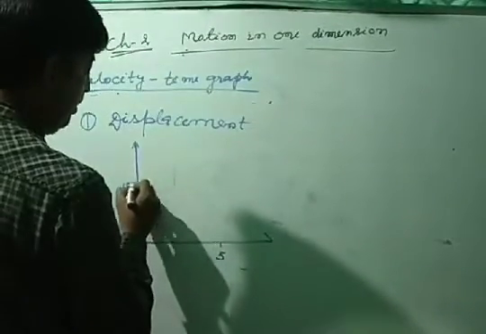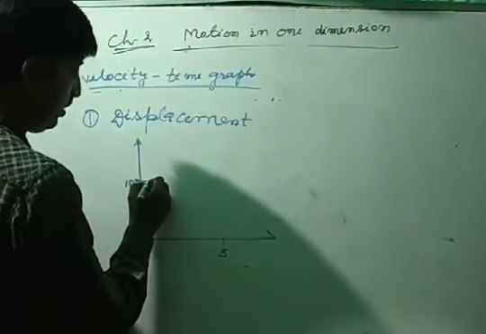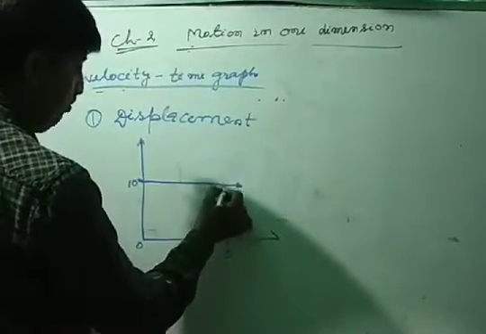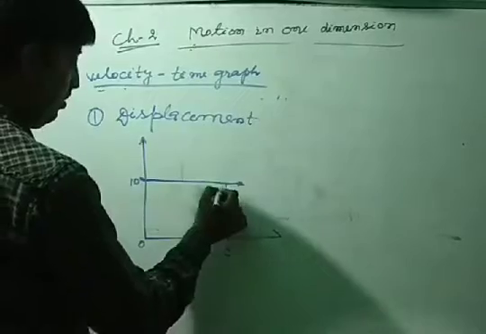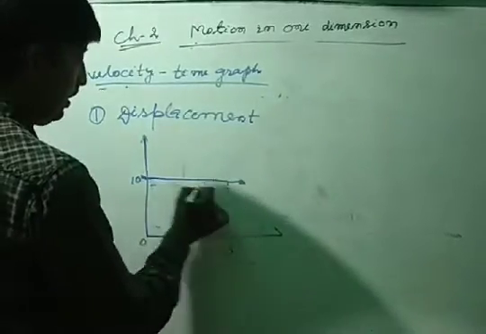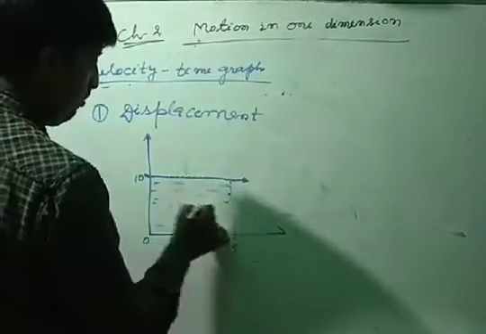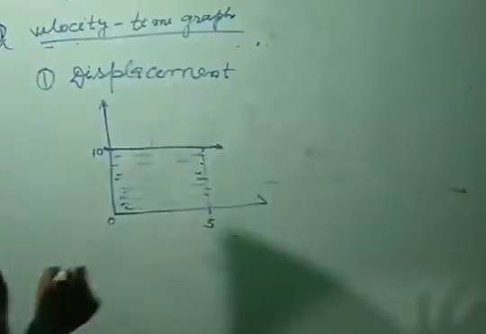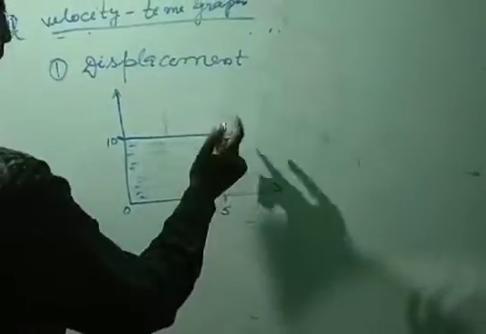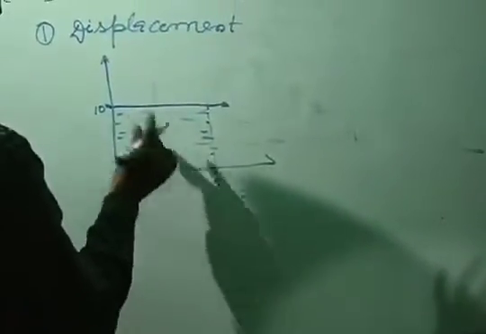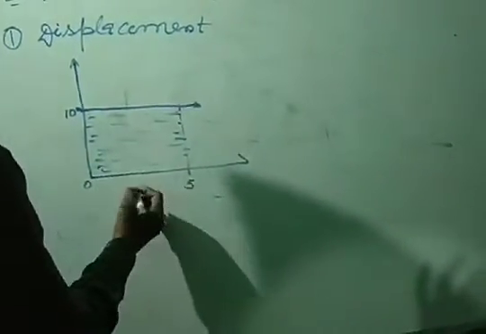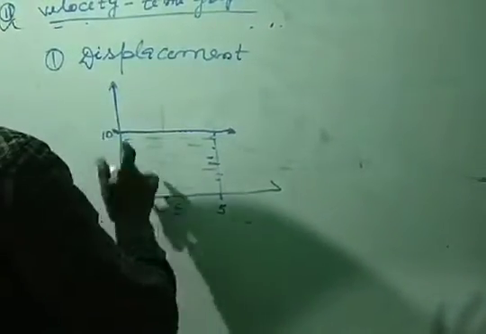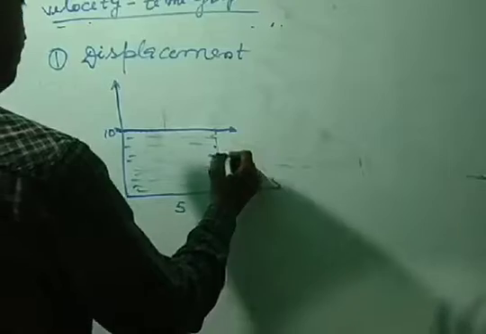If the body is moving with uniform velocity, then the graph will be parallel to x-axis, and after obtaining the area enclosed by this graph, we can obtain displacement. So this is the figure of a rectangle. Here length is 5 and breadth is 10.